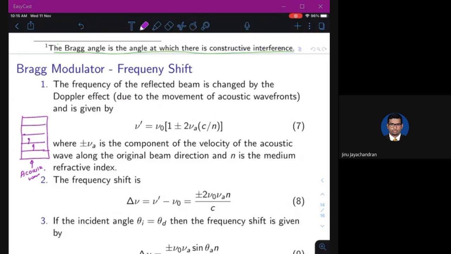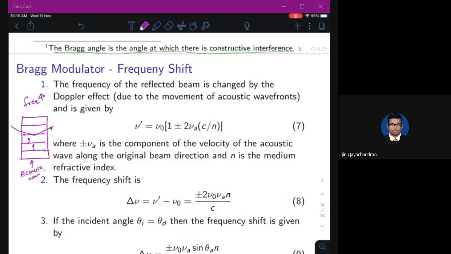And the wavefronts are moving with a good amount of speed because the frequency is high. In Raman-Nath, the frequency is low, because of which the wavefronts will be moving at a lower speed. Since the frequency is high here, it has a higher velocity. Now, because it has higher velocity, when the wave is incident on this wavefront, because of a change in refractive index, it will get diffracted.